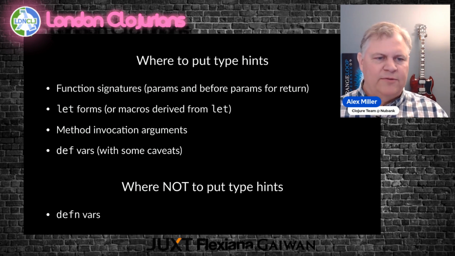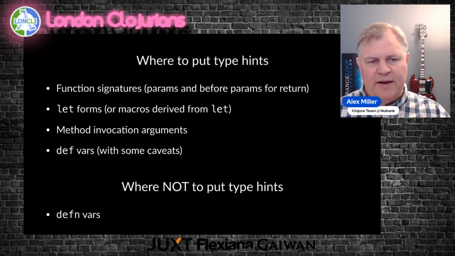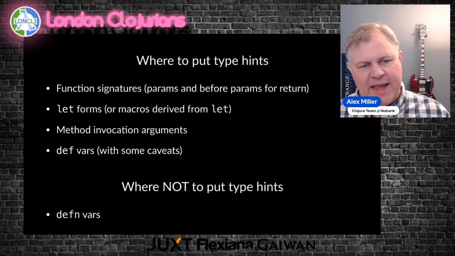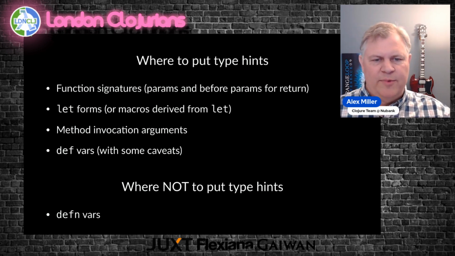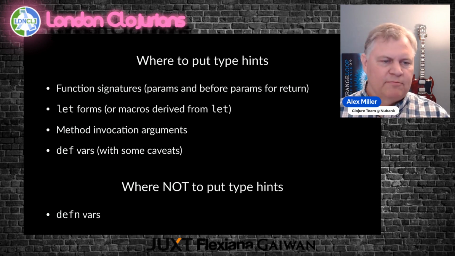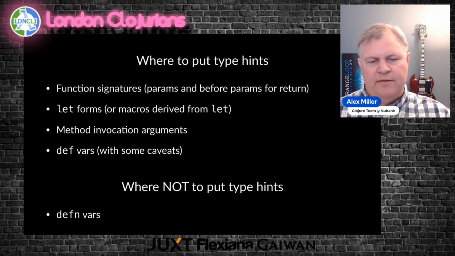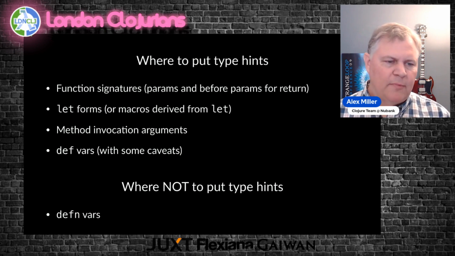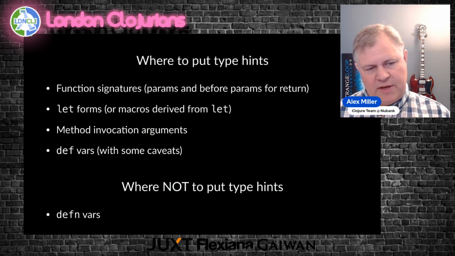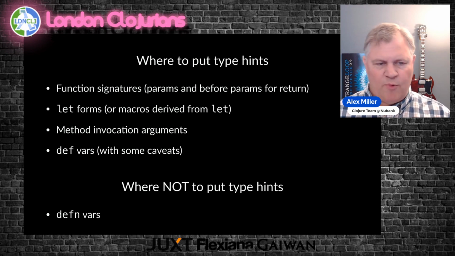Things that have been let bound into a local symbol can have metadata, but things like numbers cannot, or Java strings cannot, because those things are Java things, and we can't add metadata to those types because they're closed types, basically. But you can always pull that value out into a let bound symbol, and then you can type hint at that point. Another place you can put metadata is on def vars. I'm going to talk more about that in a minute.